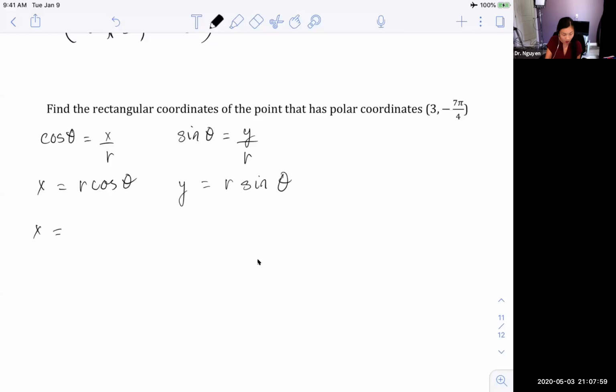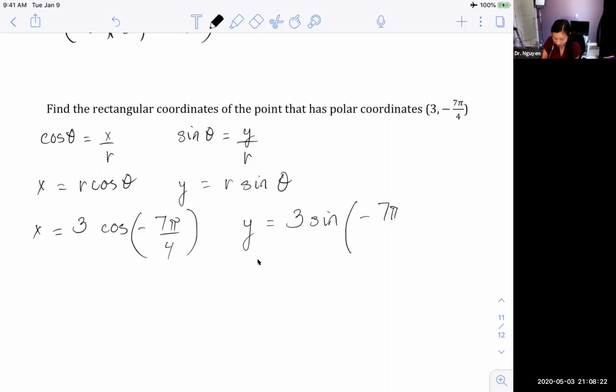So for x, r in this case is 3, cosine of negative 7 pi over 4, I should put parentheses right there, and y is going to be 3 sine of negative 7 pi over 4.